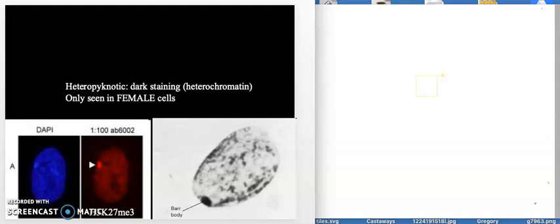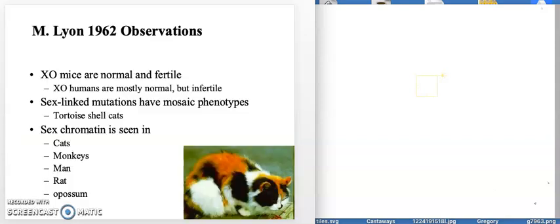In the 1960s, Mary Lyon had a hypothesis about what this Barr body was, and she had a couple of pieces of information that she used to formulate it. She knew that mice with only one X chromosome were females and were normal, and even fertile.